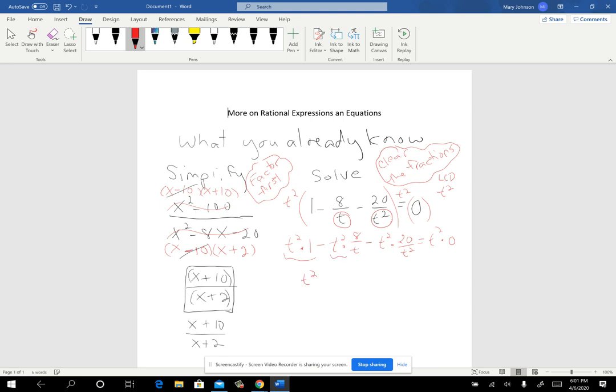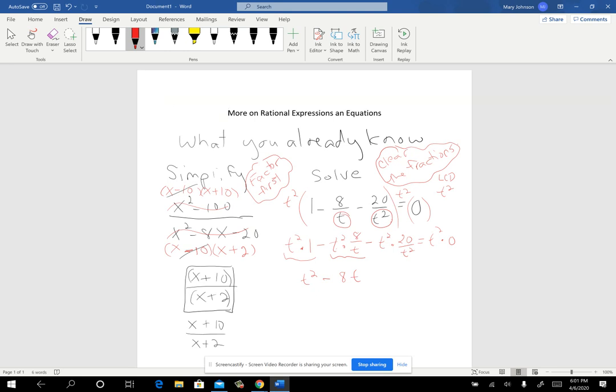Now look at this for a second. There's a t in the denominator and there's a t squared here. And that t squared is really on top, kind of like the 8. So you could divide t into the t squared and you just have a t left. So that middle term becomes just minus 8t.